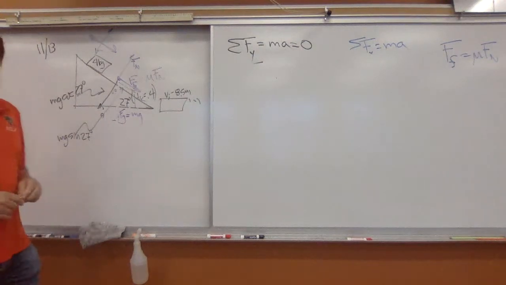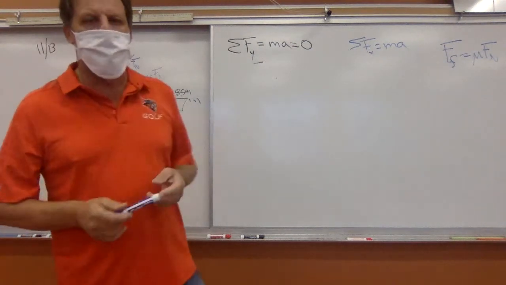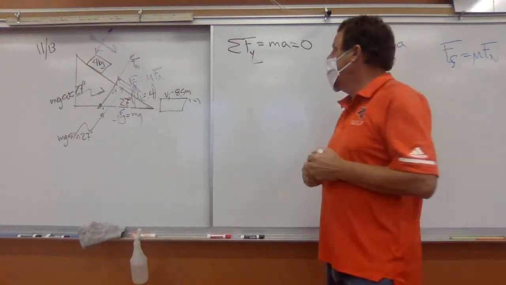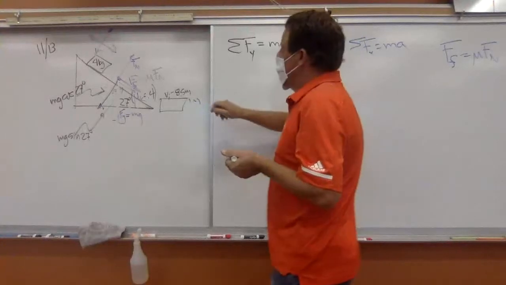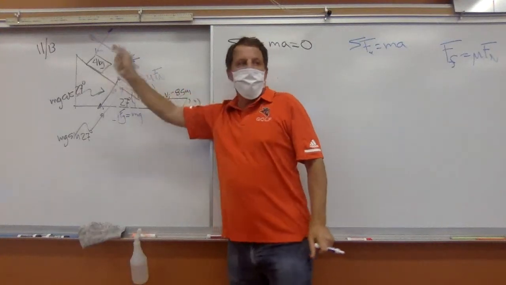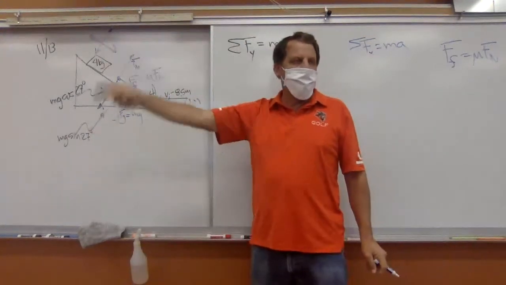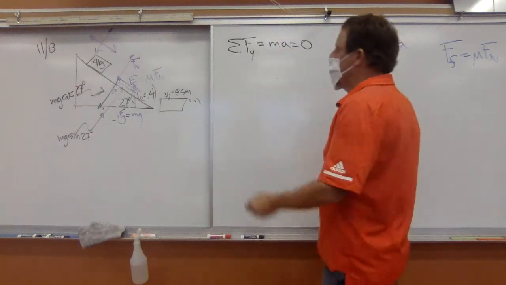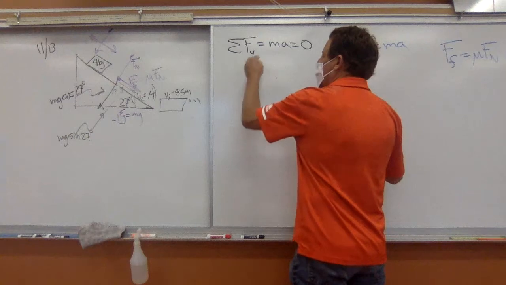Because the friction is dependent on the normal force, we're going to calculate the normal force now. And just like before, the object is not going to sink in or levitate off of the incline. Therefore, the sum of the forces is equal to 0.